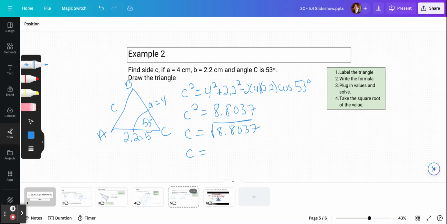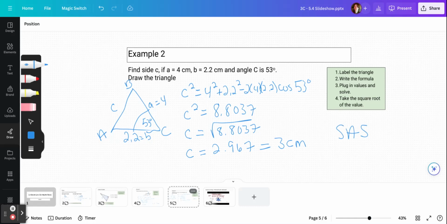So c equals 2.967, which equals, when I round that, 3 centimeters. Make sure you put your numbers in the right place and then use your calculator. And again, we use this for non-right triangles when we have side, angle, side.